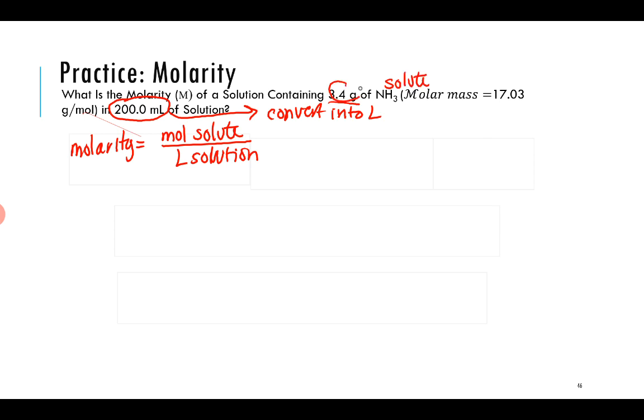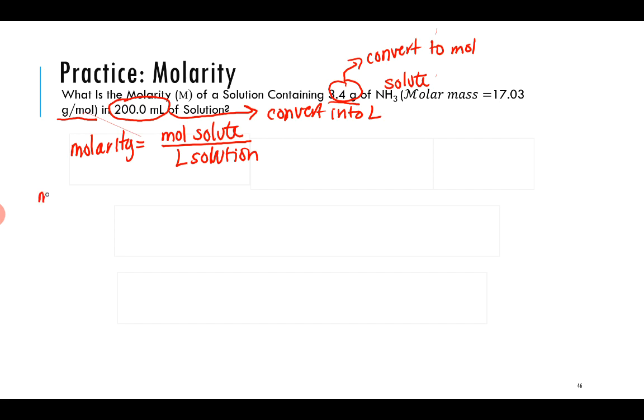And so I'm going to have to convert this number into moles. Now, looking at the units of molar mass, I can see the gram unit and I can see the mole unit. So that is my conversion factor between the units of grams and moles.